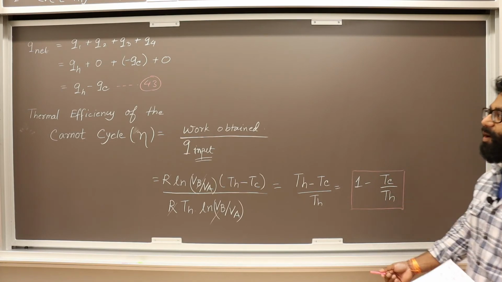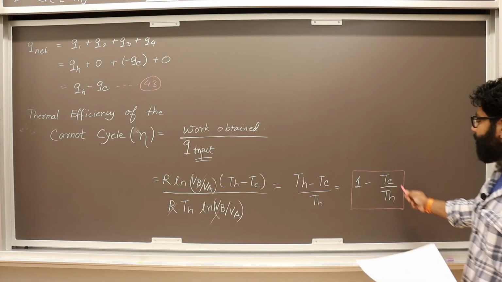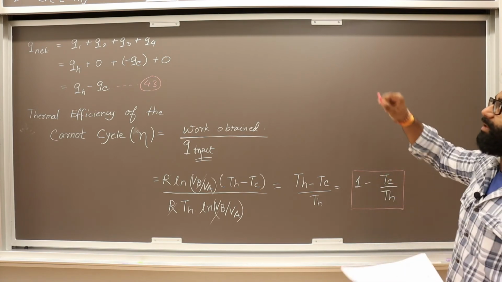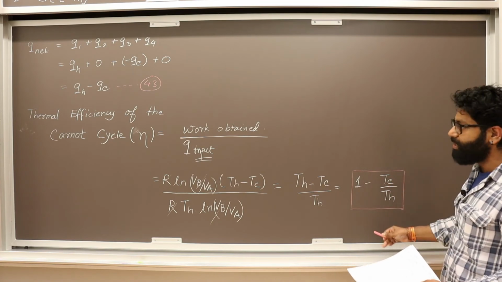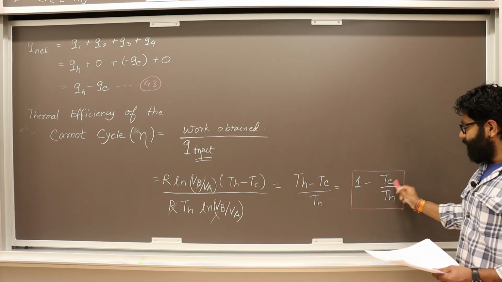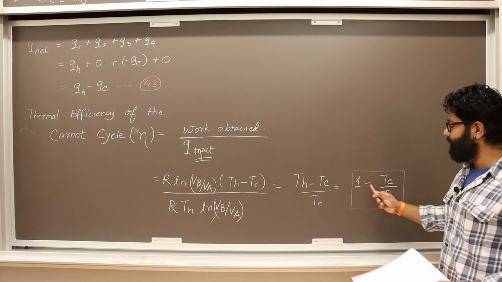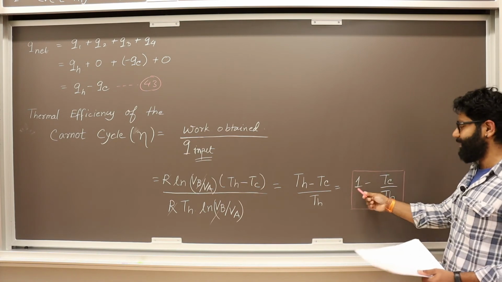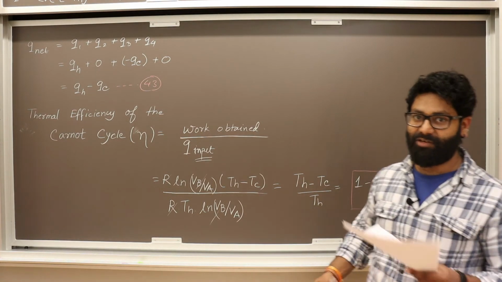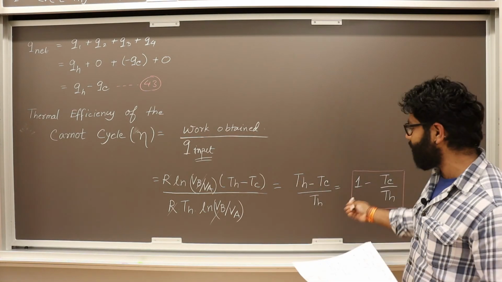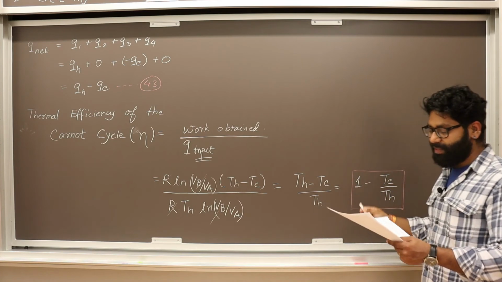So there's no point in doing that, and the Carnot cycle would not exist. So this whole value cannot be greater than 1. It has to be less than 1, which means it cannot be as high as 100%.